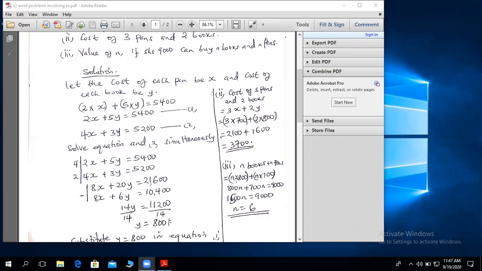Then plus the cost of a book, 800 times n, is 800n. But the person has 9,000. So you add and equate to 9,000, and I get my value of n as 6. You can confirm with your calculators to find out if that is the answer. Yes, and I think it is.